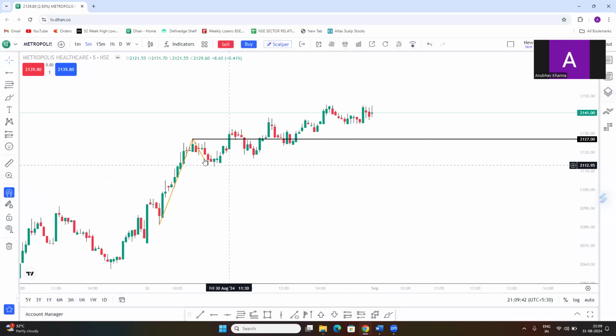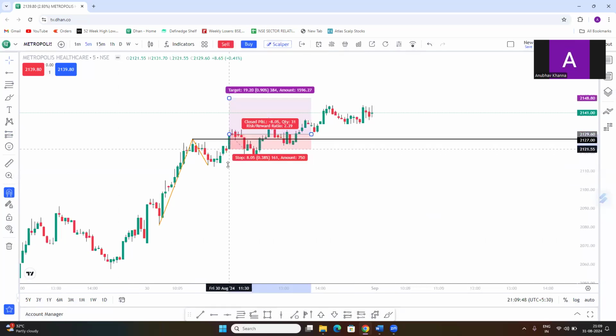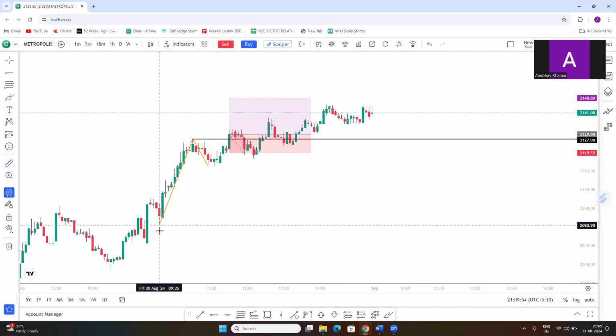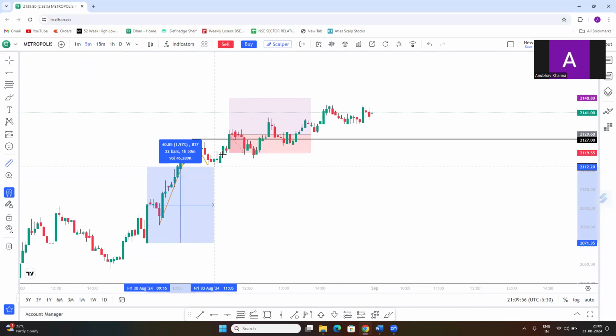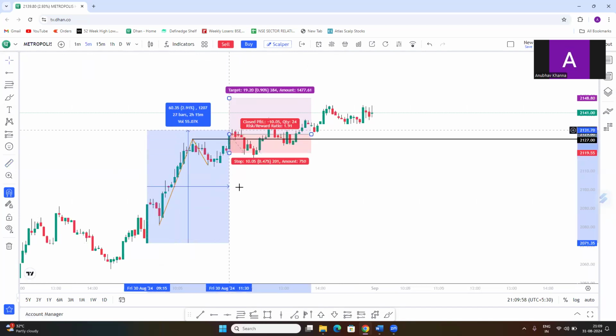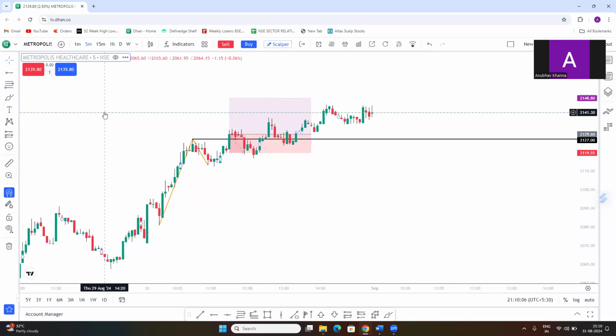See this, this is my stop loss of the red candle. I will enter here. My stop loss is this, 10 points, and quickly my stop loss is gone because prices already moved 3%. That was the reason. Simple. This is a dead stock, Metropolis, and a 3% move in a day is too high for it, right?